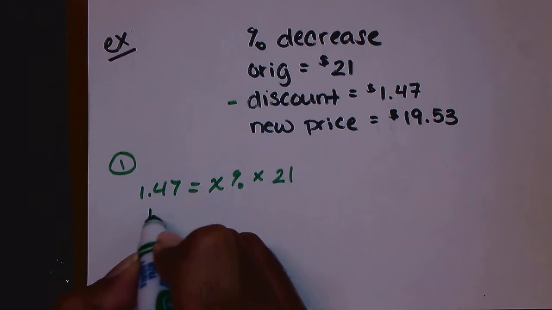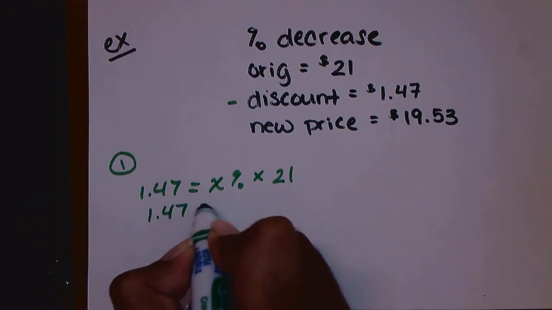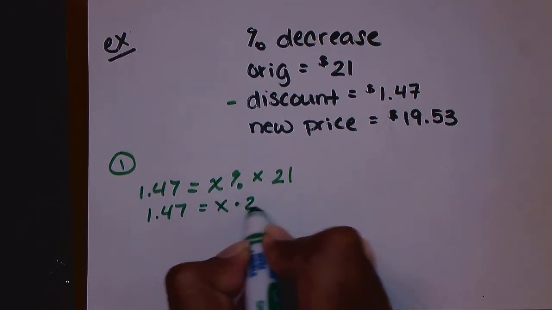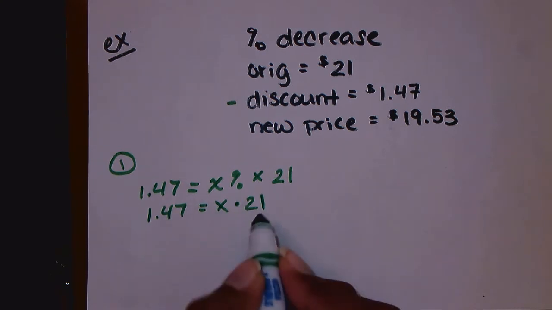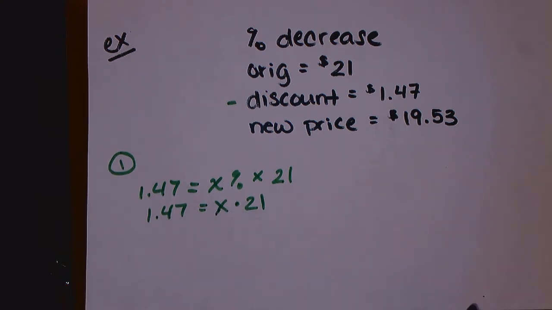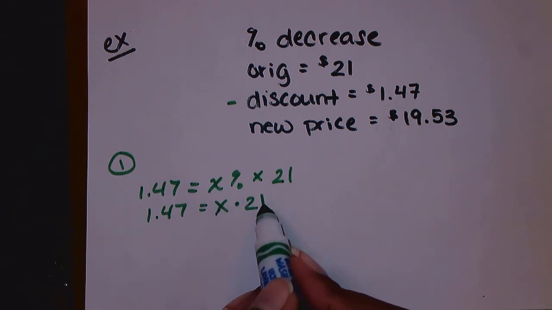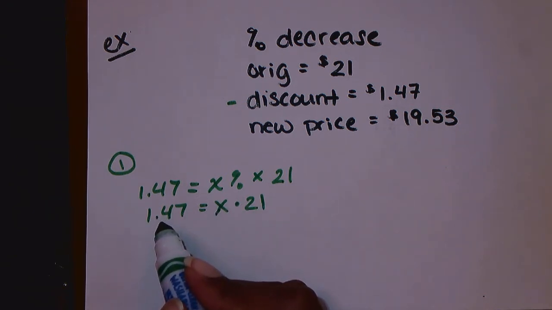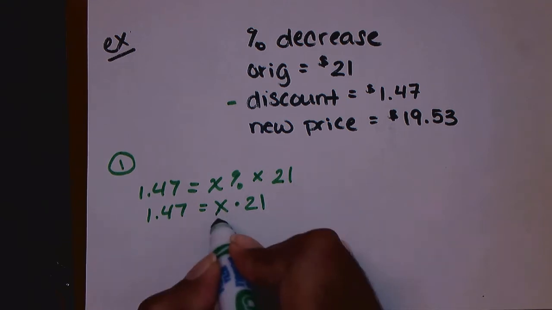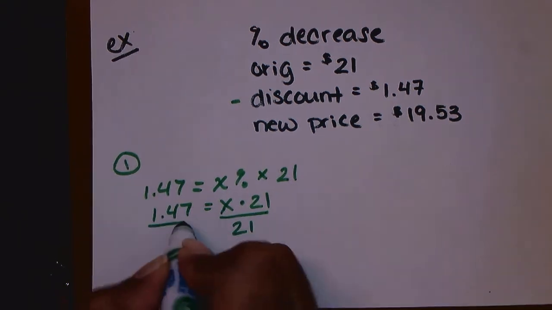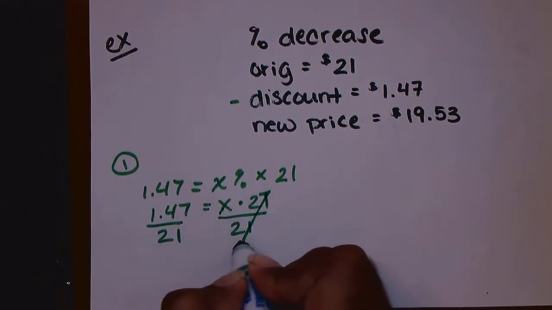Just to write this out a little more clearly, like that. Or you could do 21X. To solve for X, we're really saying, what number times 21 is equal to $1.47? So to solve for X, I would divide both sides by 21. That will create a 1 pair.